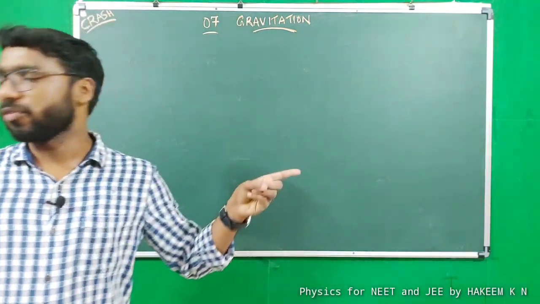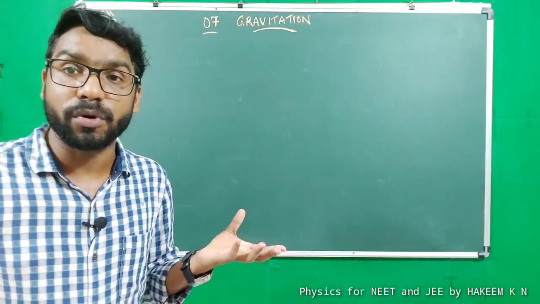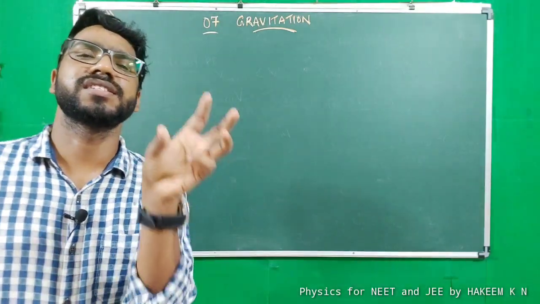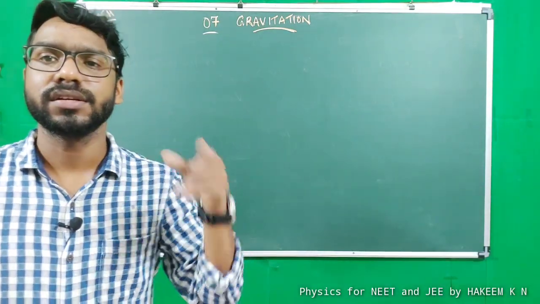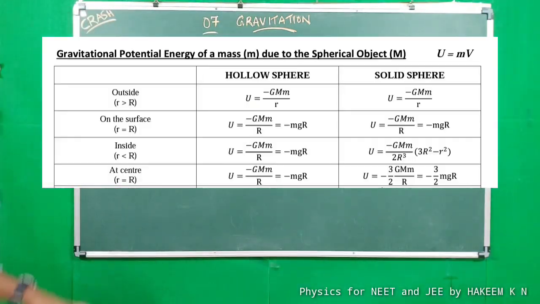Here you can see one more table which shows gravitational potential energy of a mass small m due to hollow sphere and due to solid sphere. You can see on the top that U equals m into V, mass into gravitational potential. So for hollow sphere at the surface it is minus GMm by small r, solid sphere it is also, and at the surface U equals minus GMm by capital R. Minus GM by R is minus gR, so you can say it is minus mgR, and inside for hollow sphere it is minus mgR.